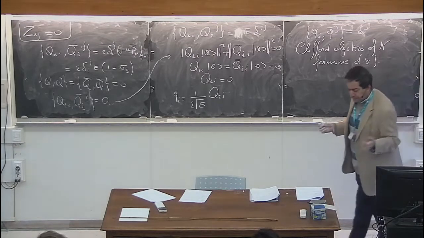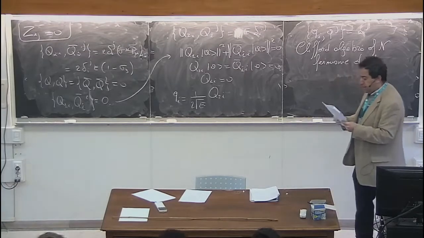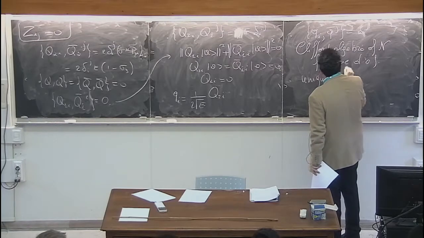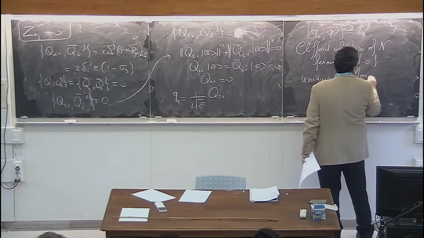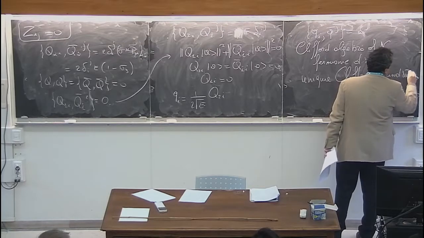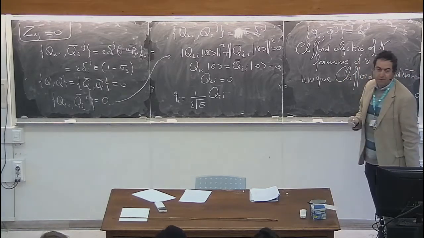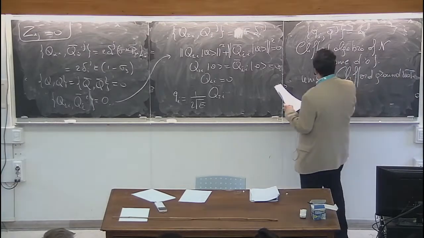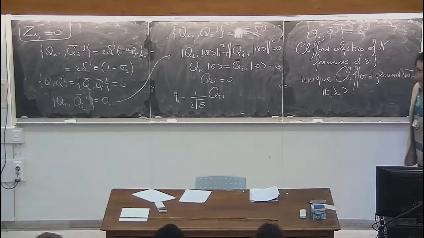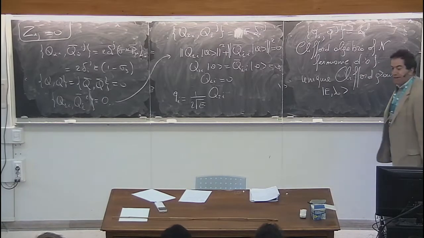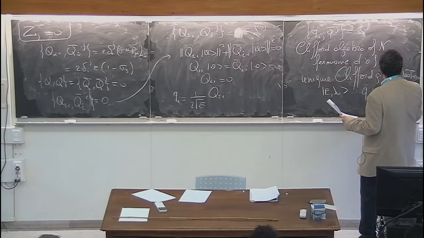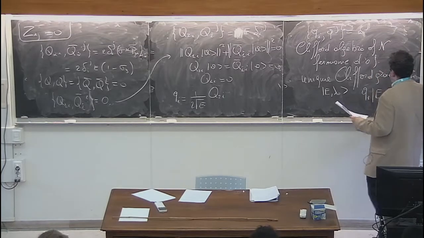That's standard in mathematics. We start from a unique Clifford ground state, E lambda naught, characterized by the property that Qi E lambda naught is equal to 0.